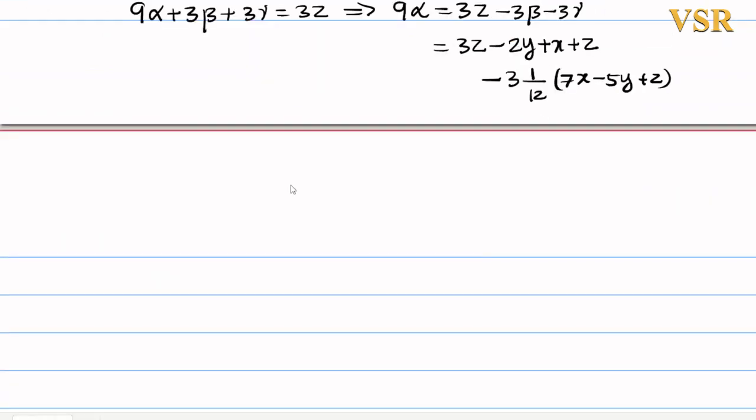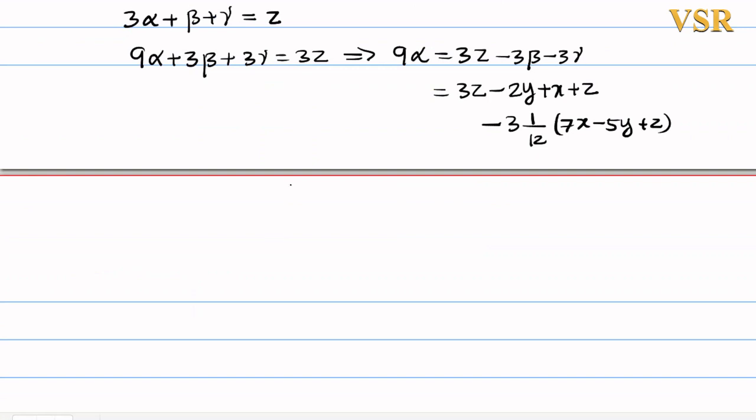So we'll simplify this. So 9 alpha is equal to 3z plus z, so I may write it as 4z.